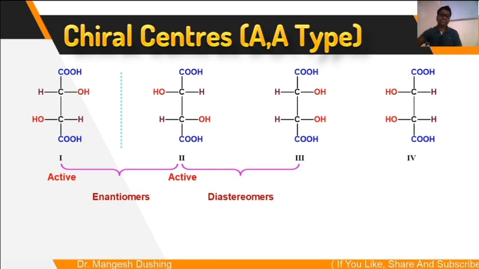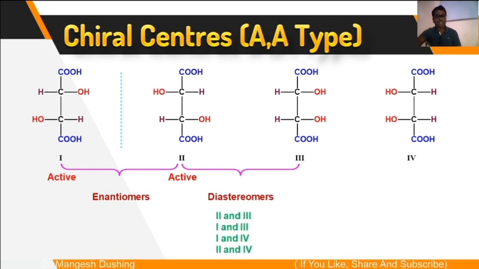So within the 4 isomers, there are 4 pairs of diastereomers. Compound number 2 is a diastereomer of compound number 3, compound number 1 is a diastereomer of compound number 3, compound 1 and compound 4 are diastereomers, and compound 2 and compound 4 are diastereomers.